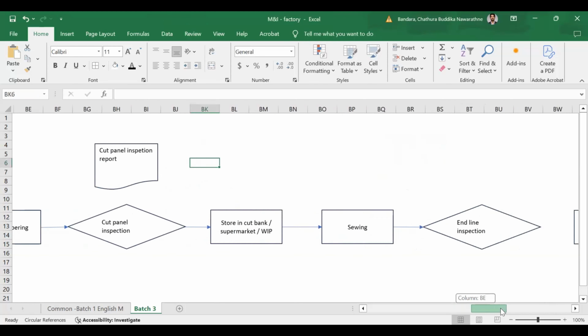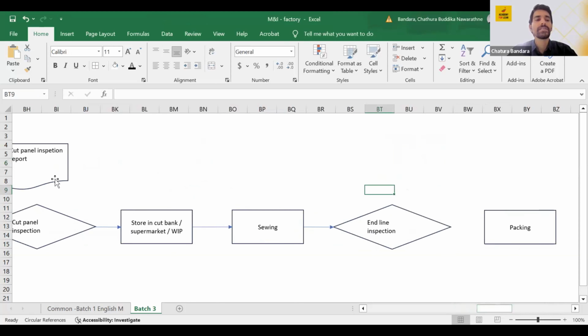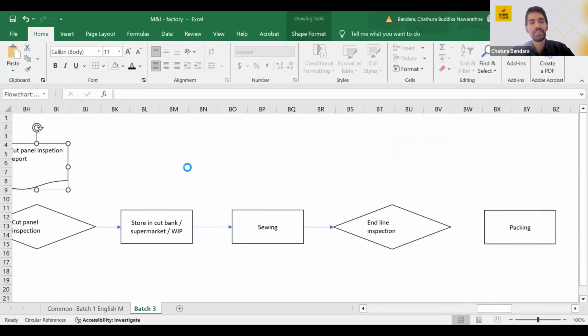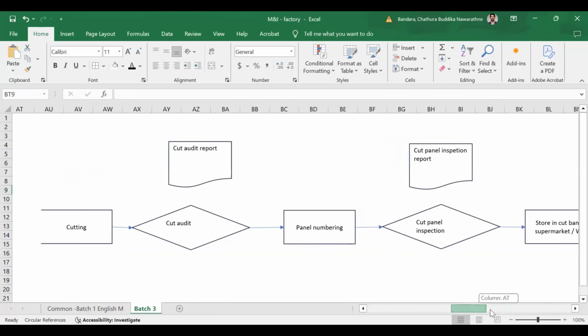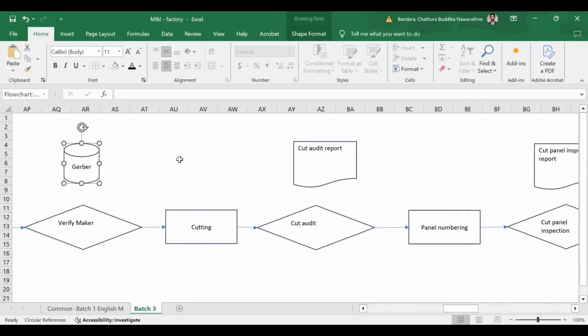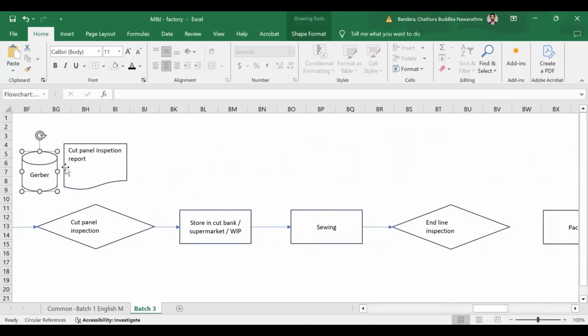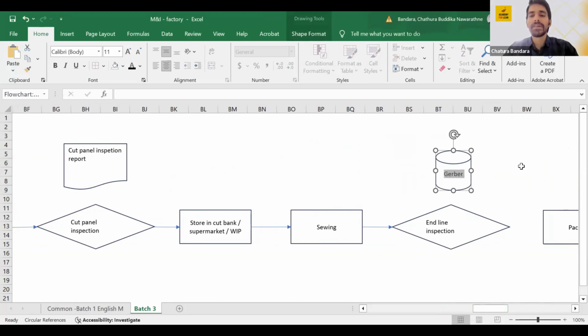And inline inspection, is it system connected? Yeah, on system. We also have a system in line. What do you call it?